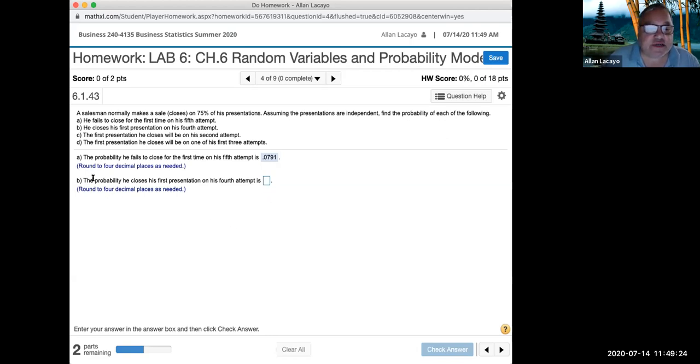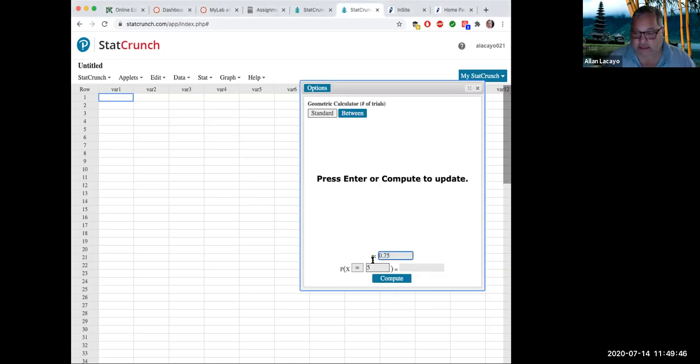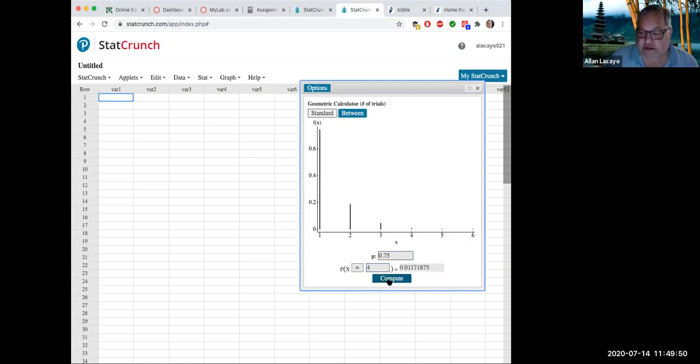That story has an 8% chance of happening. The next story says the probability that I don't make a sale, don't make a sale, don't make a sale, and then I finally make a sale. The probability of making a sale is 3/4, and that I make my first sale on the 4th try is only a 1% chance.